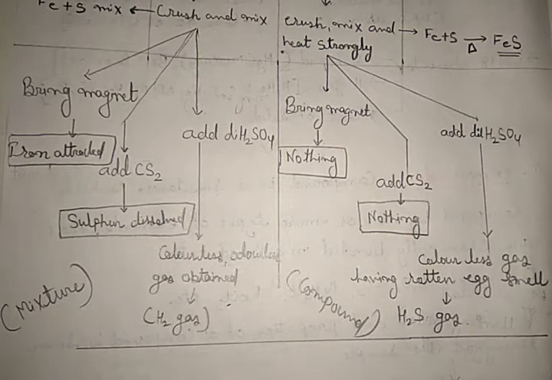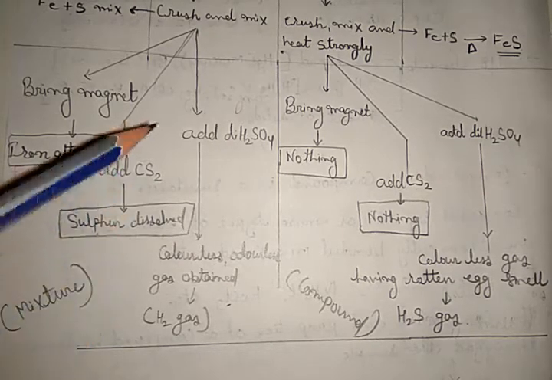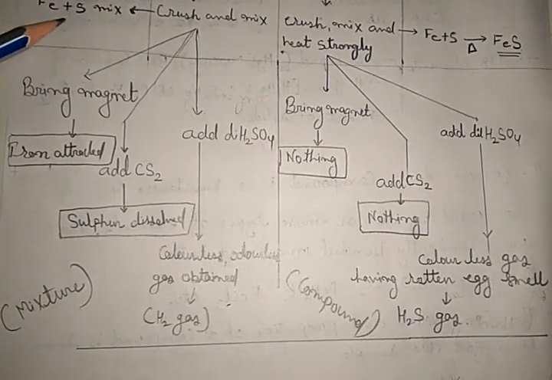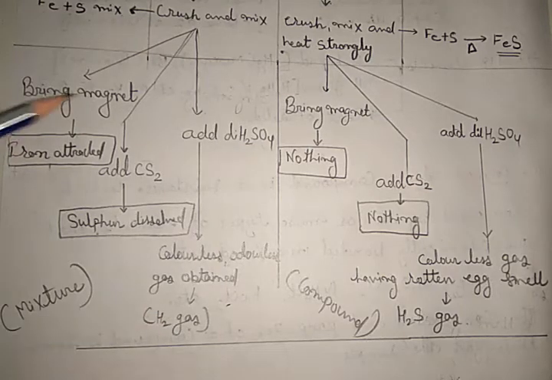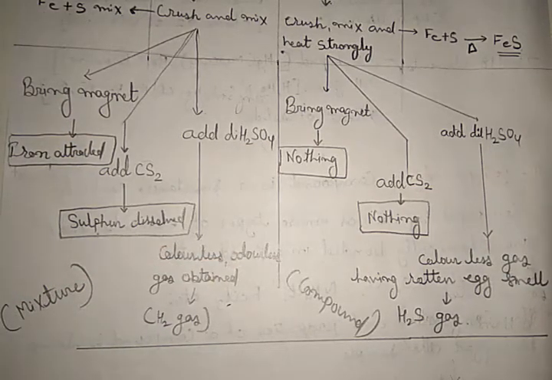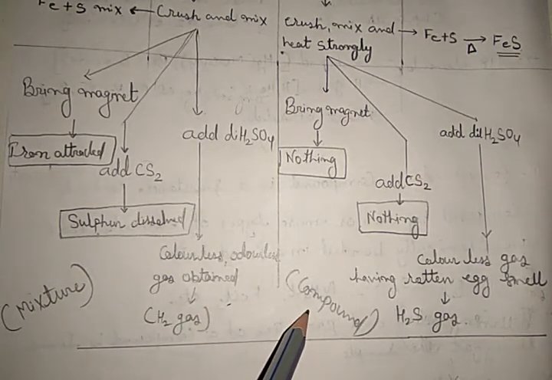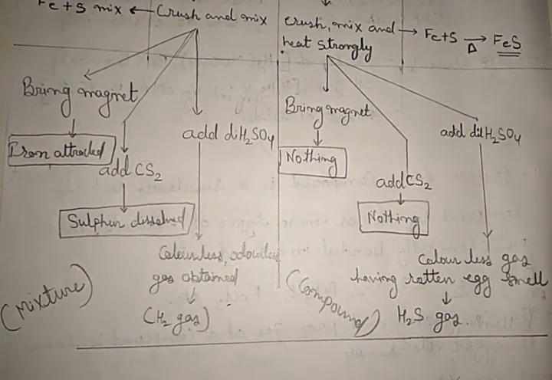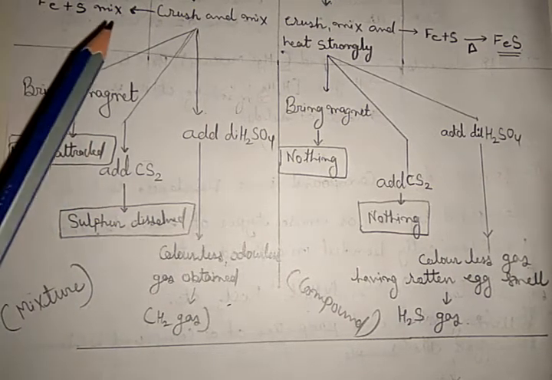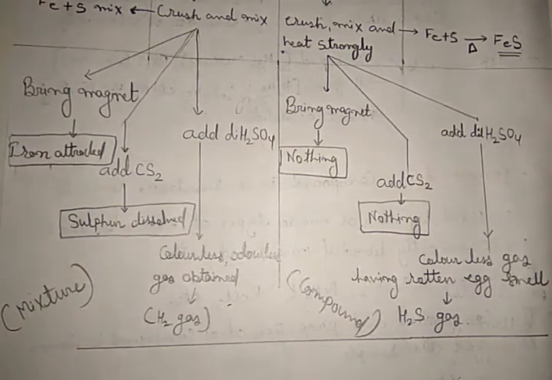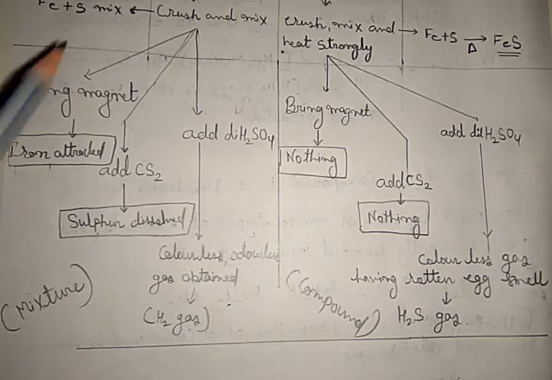Now the question comes to our mind: what happened here? We take iron and sulfur in both, then why is there a different kind of behavior? It is because that was a mixture and here a compound was formed. Initially both have iron and sulfur, but there they are just mixed.